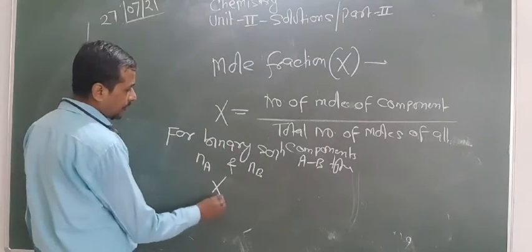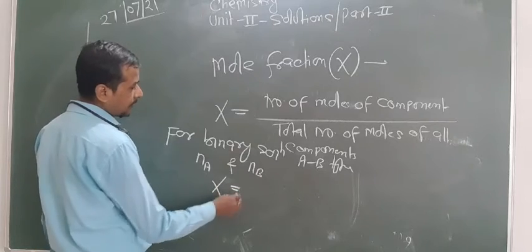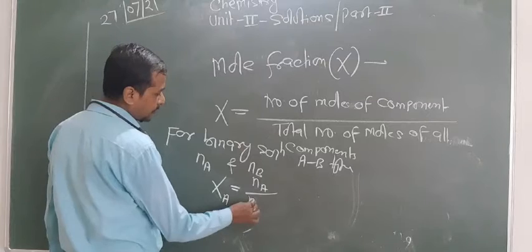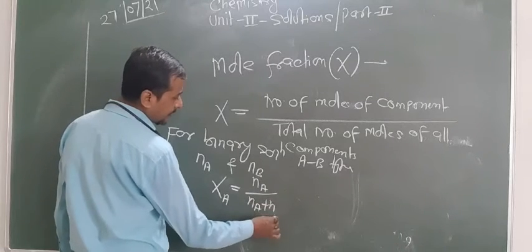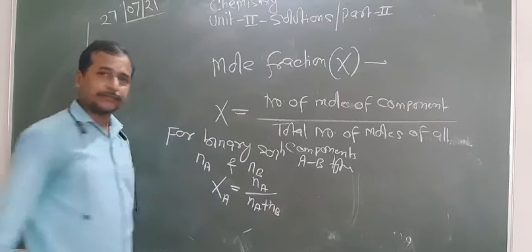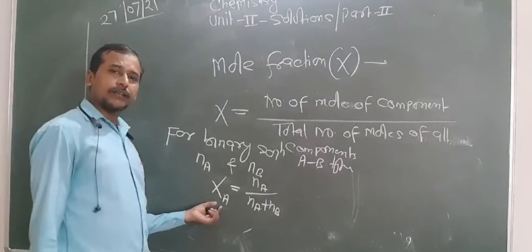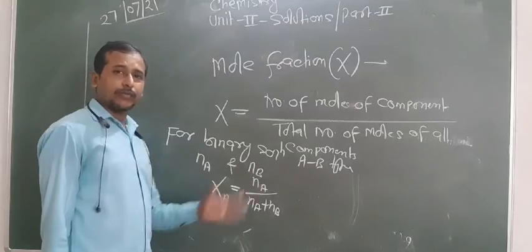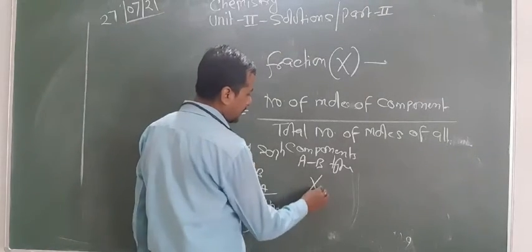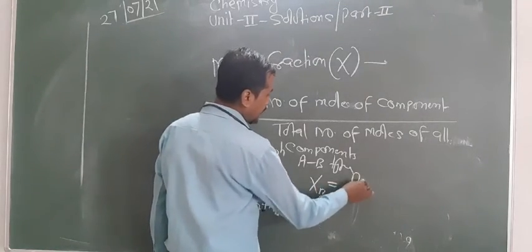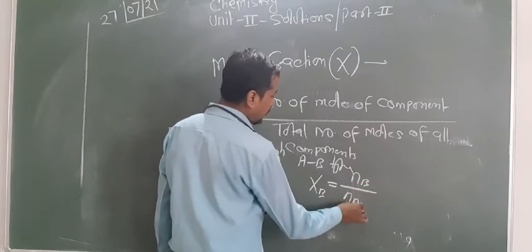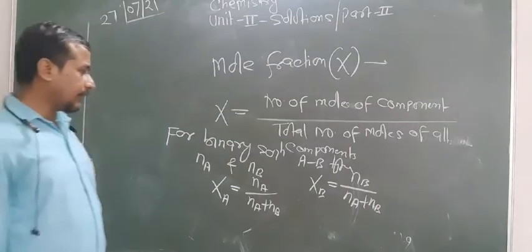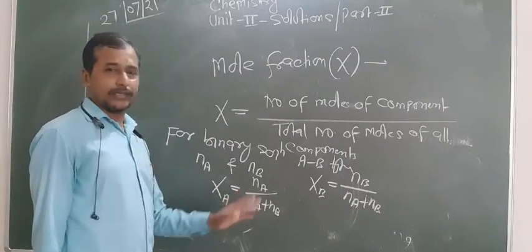The mole fraction of A is Xa equals Na divided by the total number of moles, Na plus Nb. For component B, you write Nb divided by the total number of moles. By this way you get the mole fractions of A and B.